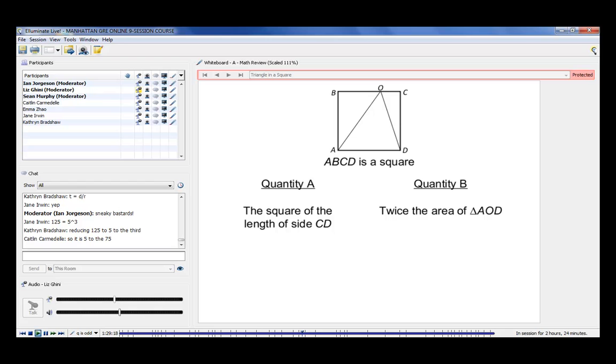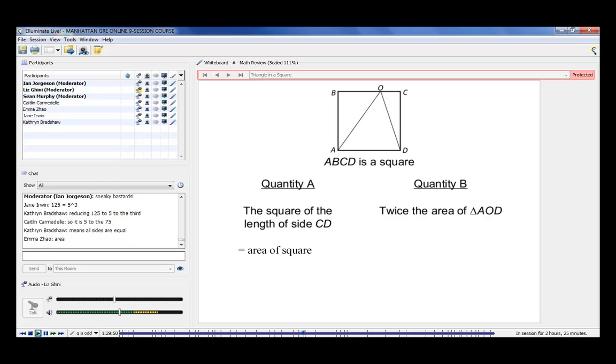Now, the square of the length of side CD, why is that significant? They tell me that the shape is a square and they want the square of the length of one side. What does that give me? Anybody? Oh, good. Everybody has the right answer now. It means all sides are equal, so that's the area of the square.